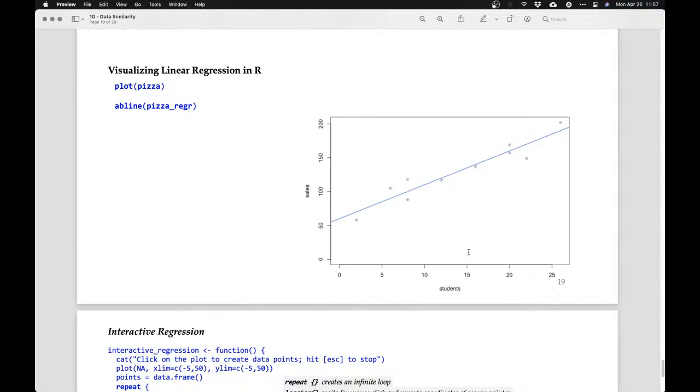Is it running through the data or outside the data? Through the data. Through the middle of the data or on one side of the data? Through the middle of the data? Is that line running perfectly through the middle of the data? We'll answer this question in the coming weeks, okay?